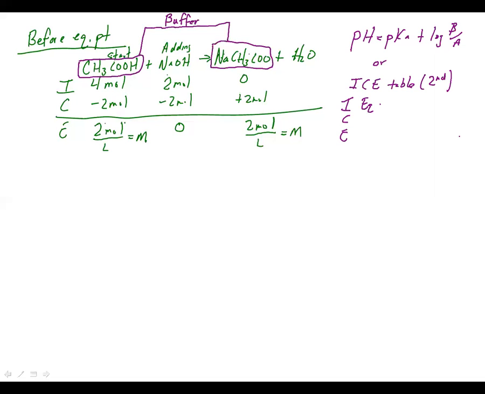The important thing, just like we talked about when we did buffers, is that if you choose to do the second ice table for something like this, you would probably set it up with the acetic acid. With Henderson-Hasselbalch, you need to have the number for our acetate as well.